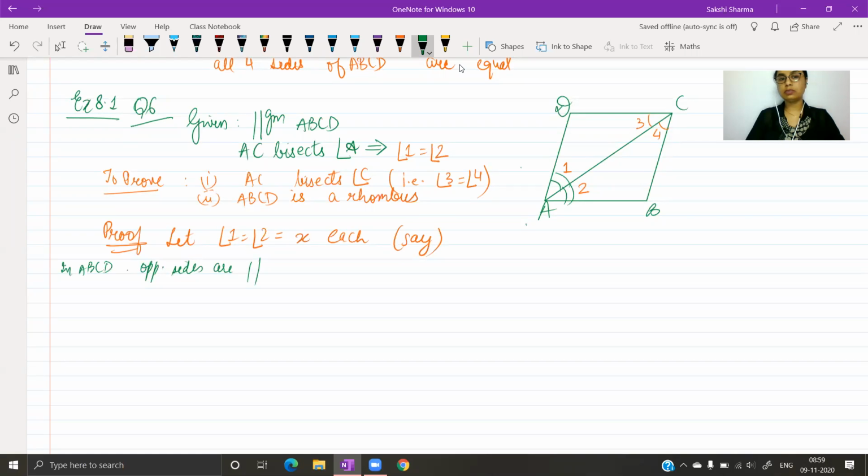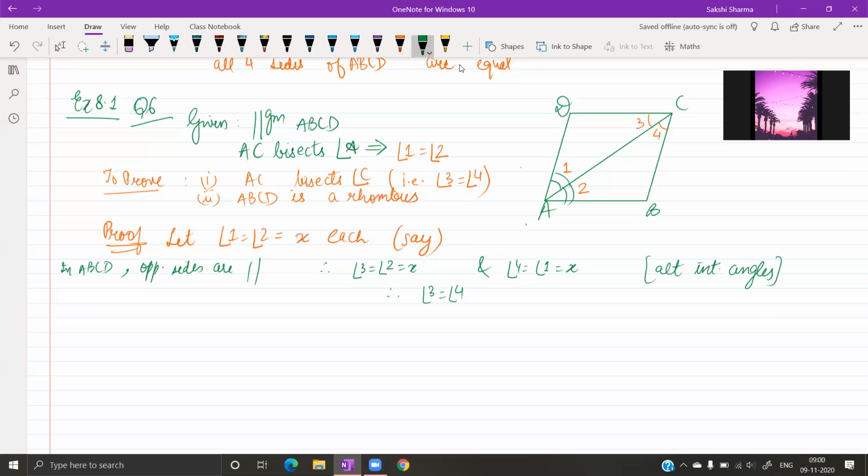Now this is something you don't have to write down. You could simply write down that ABCD is a parallelogram. Therefore, angle 3 will be equal to angle 2 and angle 4 will be equal to angle 1. These are forming pairs of alternate interior angles.